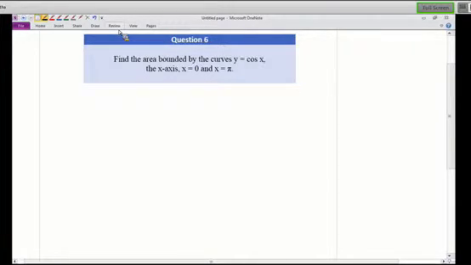So we have two curves: y is equal to cosine x and the x-axis, and we want to find the area bounded by both of these curves. Let me first draw out the rectangular coordinate system, and I'm going to draw y is equal to cosine x in blue.